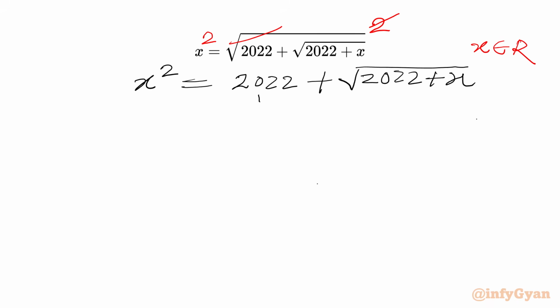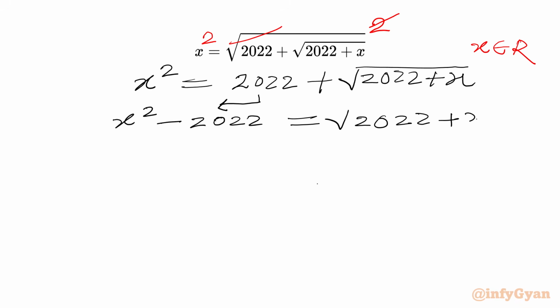Now we will take this 2022 to the LHS and get x square minus 2022 equal to square root 2022 plus x. Again we have a square root. We will consider squaring both sides. So I will put here part 2. So in the RHS, square root and square will get over.